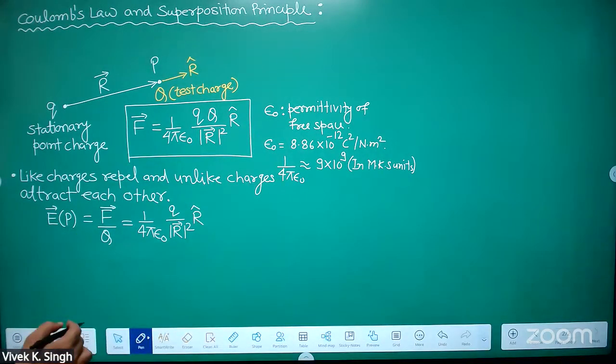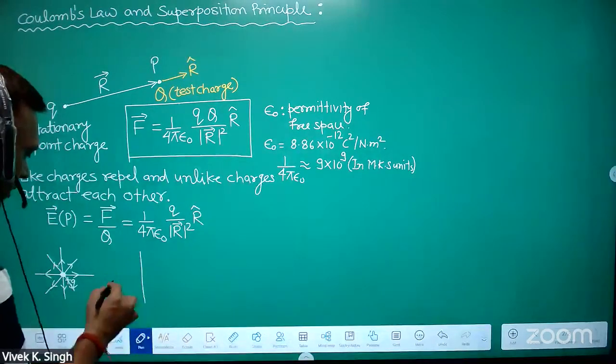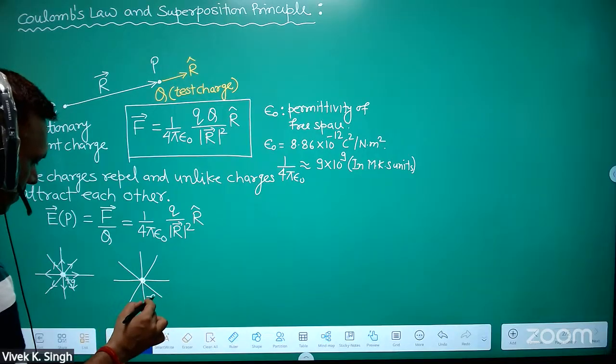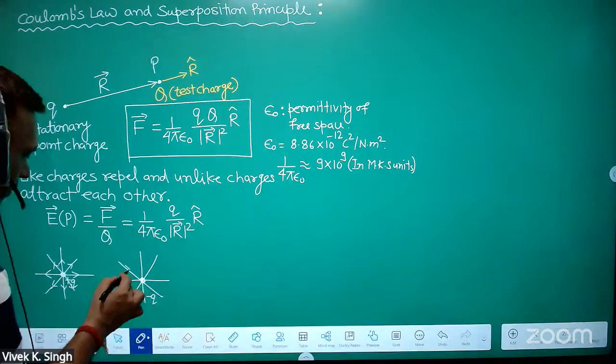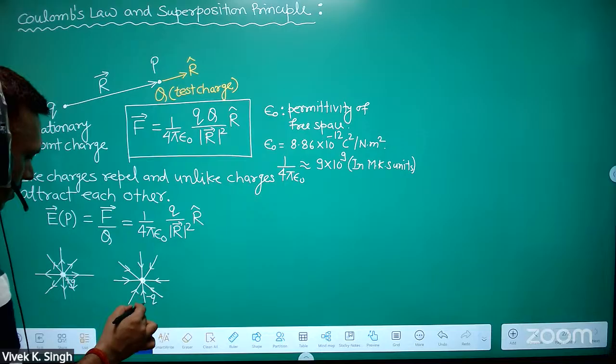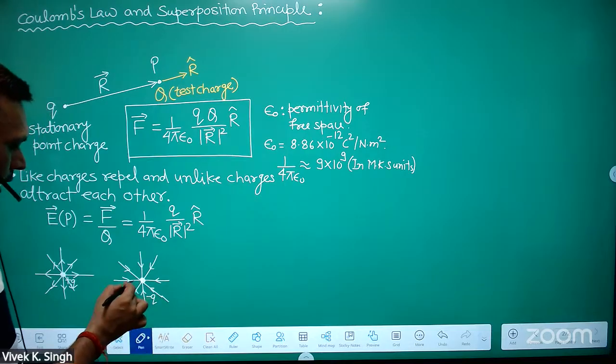Is it clear? So you can represent the field lines for a positive charge. Let's say you have a plus Q. For positive charge, the field is radially outward, and for negative charge, it will be radially inward.